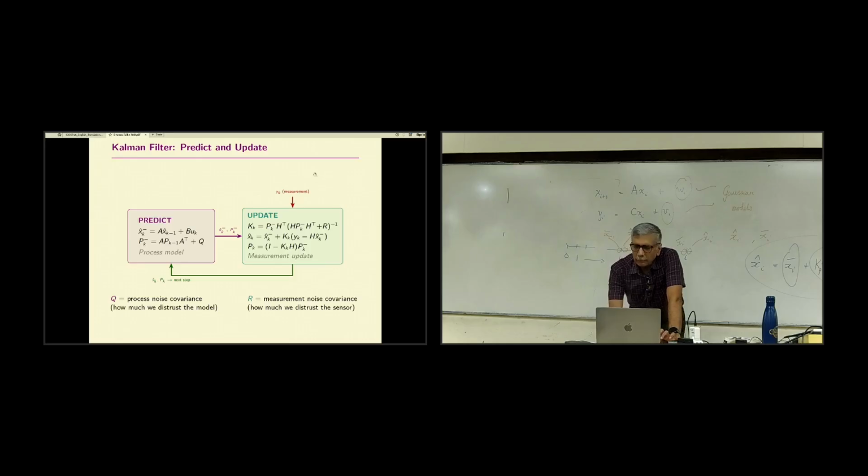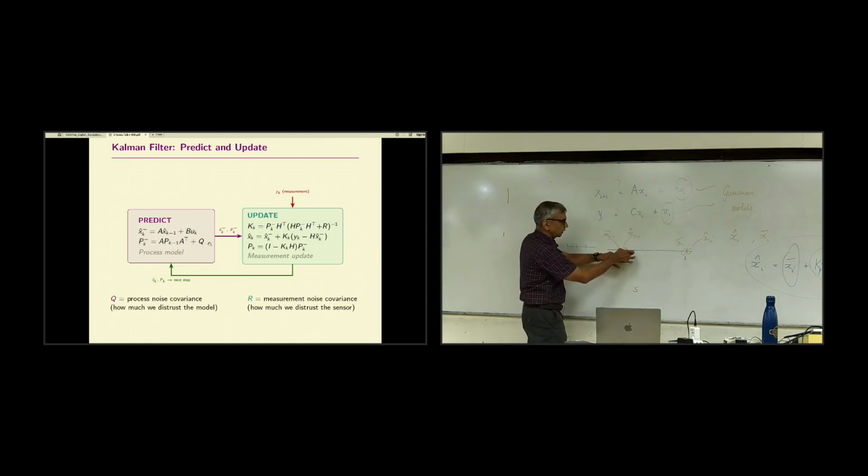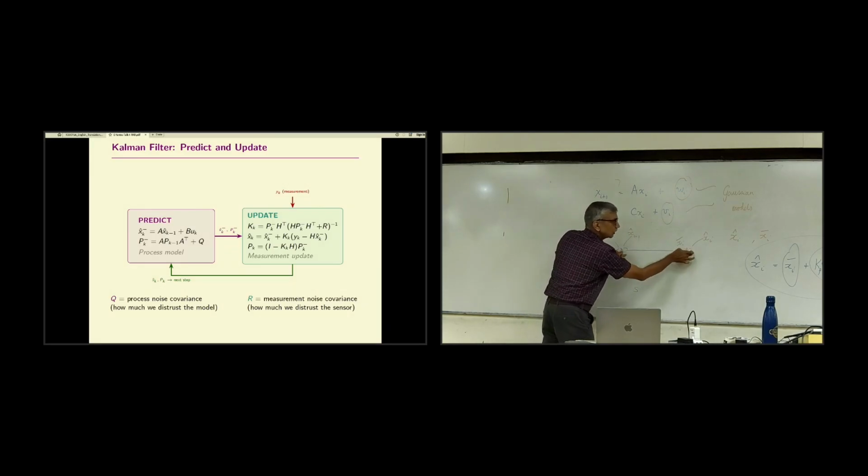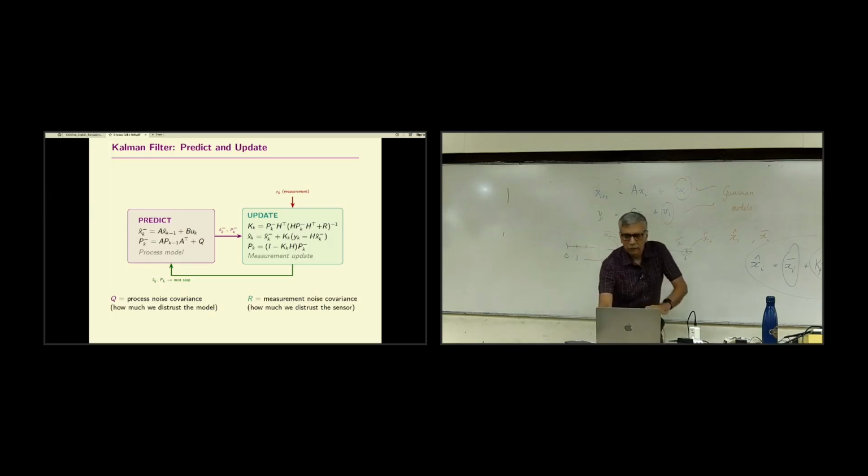And then you have an update, so you take the most recent measurement. So this is the prediction, which I told you from here to here is a prediction stage. You're not getting more information. Then you get a piece of information. So then the new estimate is your old estimate, exactly what I've written here, and that's the way it's done.